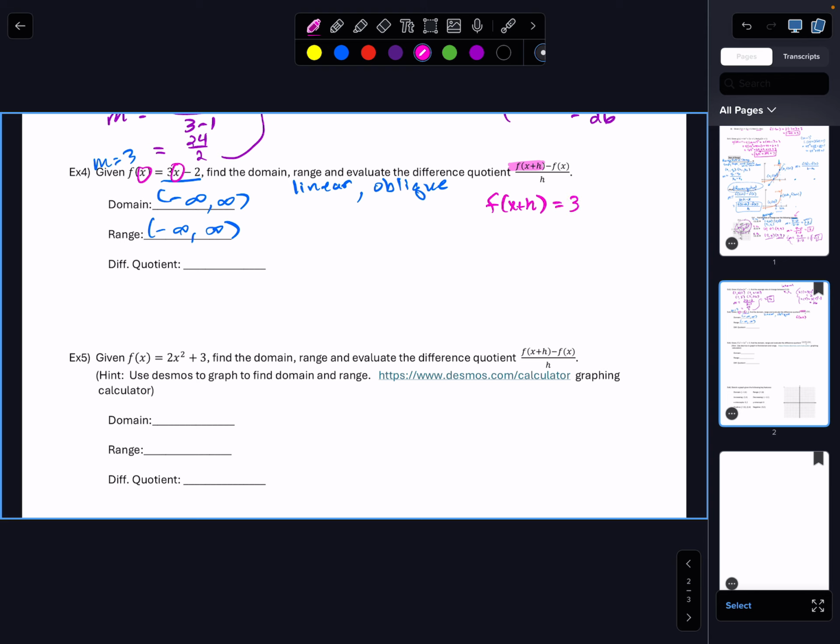So it's going to be 3 times the quantity x plus h minus 2. I'm also going to need f of x. I'm going to subtract from f of x plus h. I'm going to subtract f of x. So that f of x is just the function 3x minus 2.